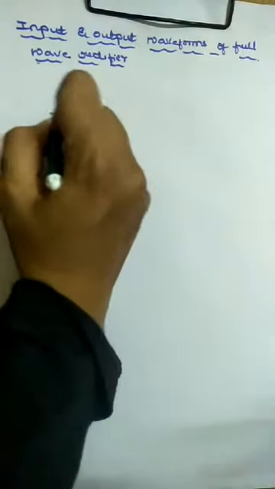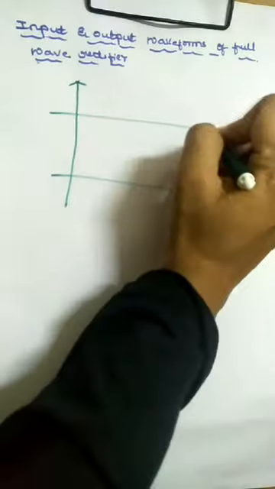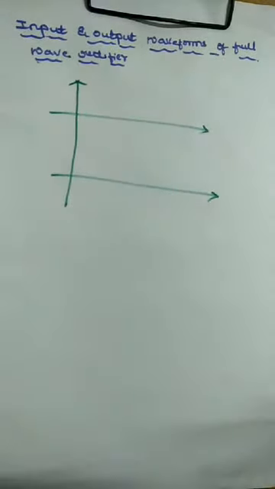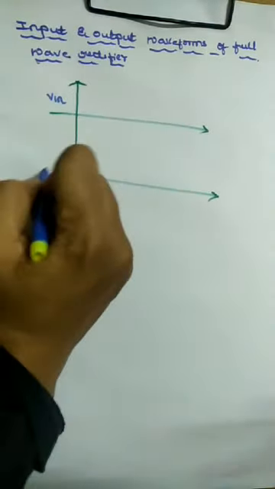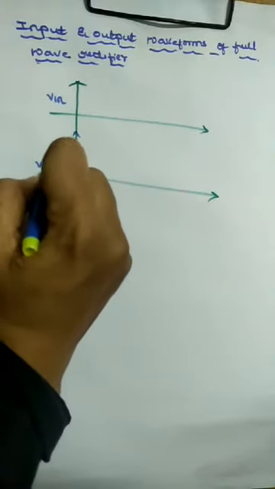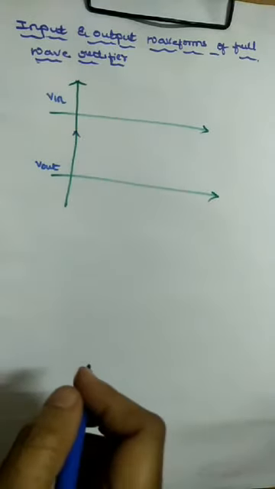Okay, so let us see the first. Here is V input along the y axis, and similarly V output along the y axis.